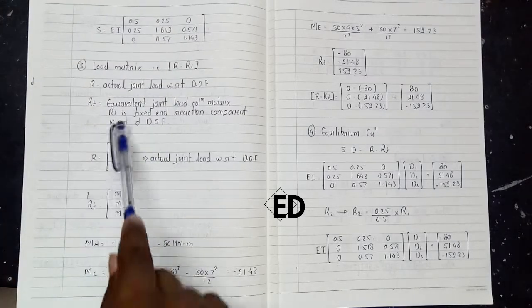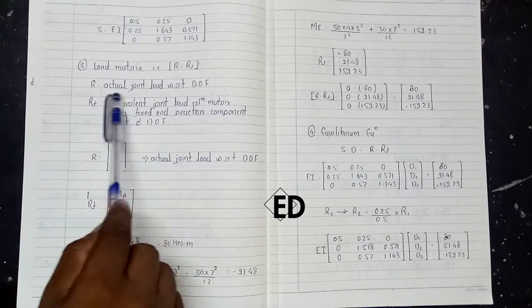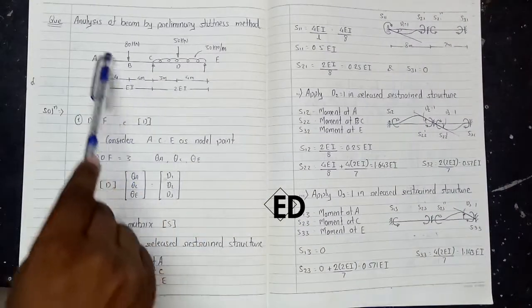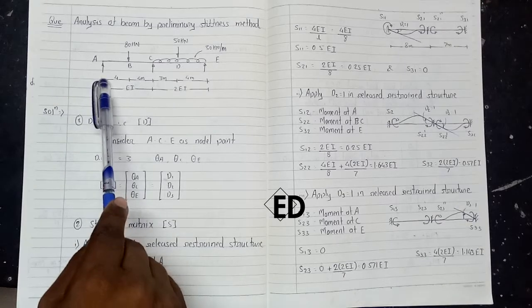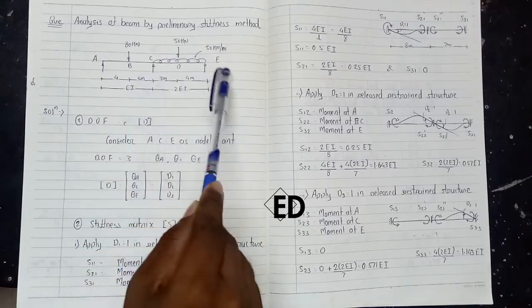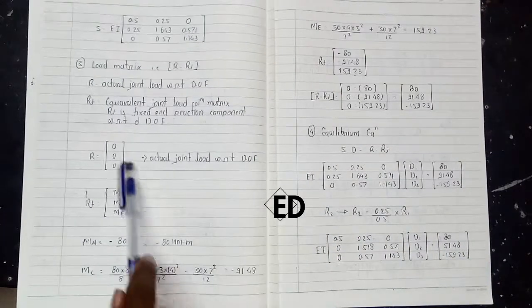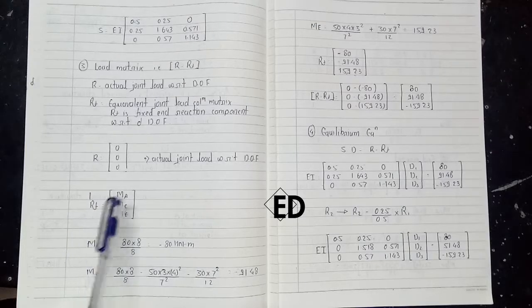R is 0, 0, 0. Why? Because R is the actual joint load, and in our question no load is acting at a joint. No load at joint A, no load at joint C, and no load at joint E. Hence all these values with respect to the degrees of freedom are 0, 0, 0.